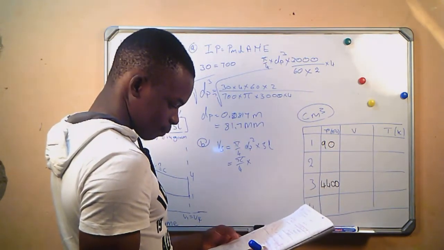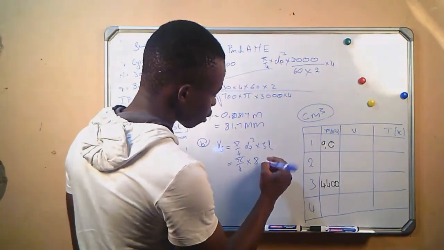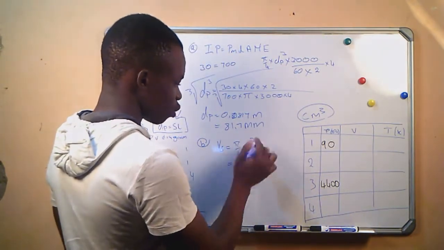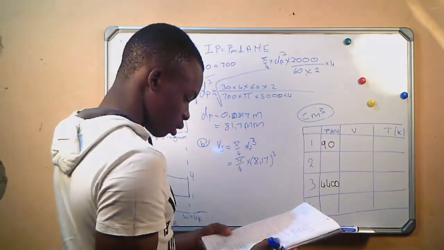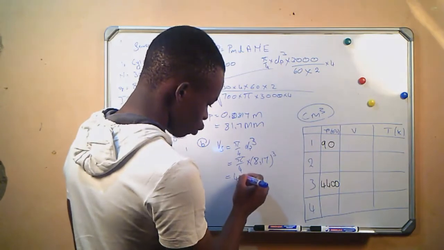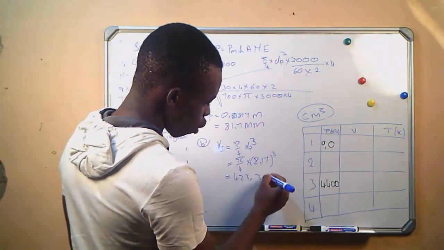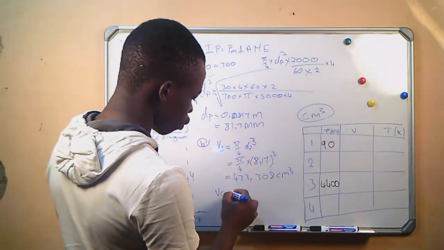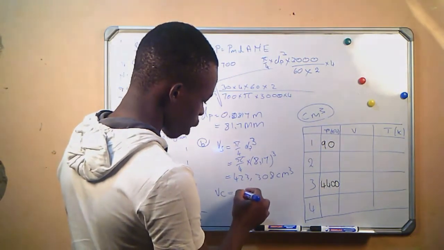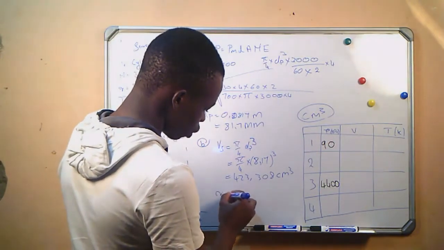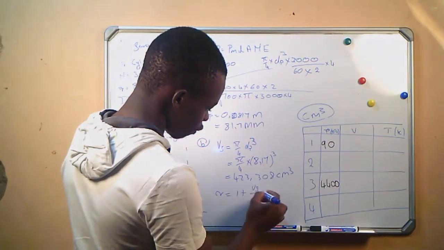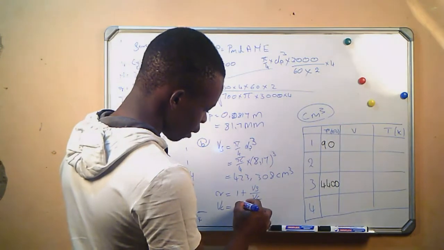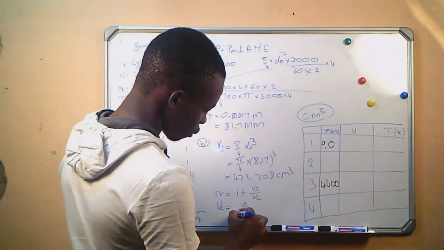which will be 8.17 cubed, because these we already know are the same. And we are going to get our swept volume as 423.308 centimeter cubed. And then from here, the value of our clearance volume: the ratio is equal to 1 plus Vs divided by Vc, which will be Vc equal to Vs divided by r minus 1.